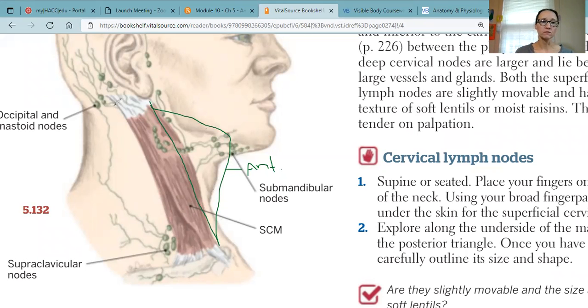Now, if we go here, here, and here, we have the posterior triangle, which is another endangerment area actually. And it is the SCM, the clavicle, and trapezius. SCM, clavicle, and trapezius are the borders of the posterior triangle.